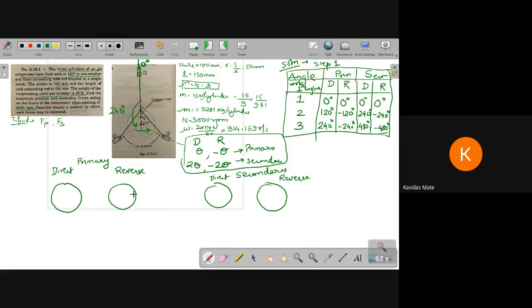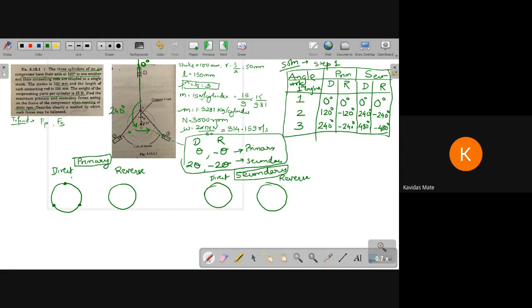Okay, so we have four circles: primary direct, primary reverse, secondary direct, secondary reverse. Now what we need to do with these four circles is mark the positions of the line of stroke. So this would be one position. Second is at 120, this position, so I mark it over here. For third, I mark it over here.